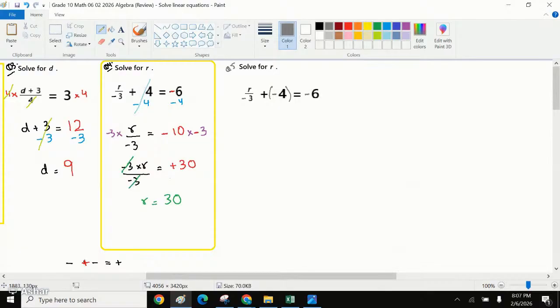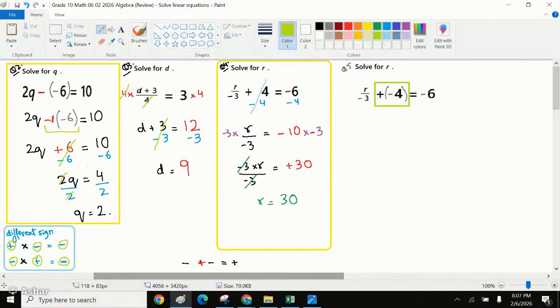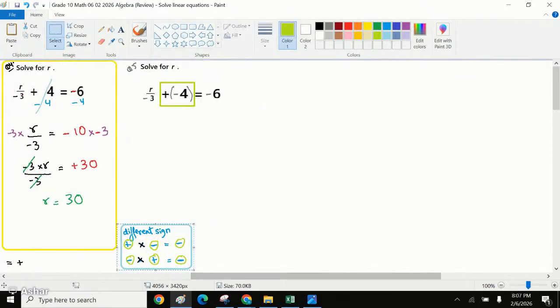We know the rule that whenever a positive number is multiplied with a negative number, plus 1 is multiplied by negative 4, right? So whenever the signs are different, we know the rule over here. Whenever the signs are different, then the answer would always be negative, right?